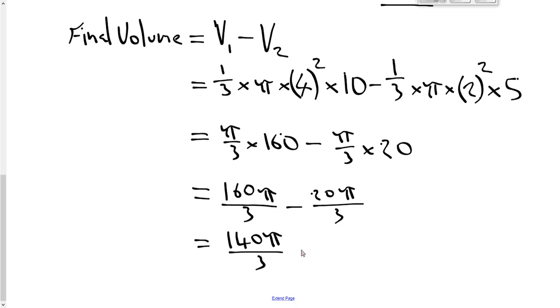On your calculator you should get approximately 146.5, so to 3 significant figures, that is 147 centimeters cubed.